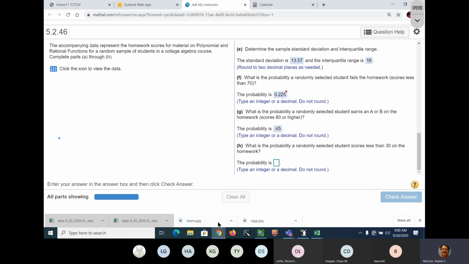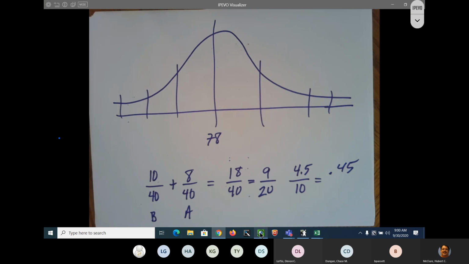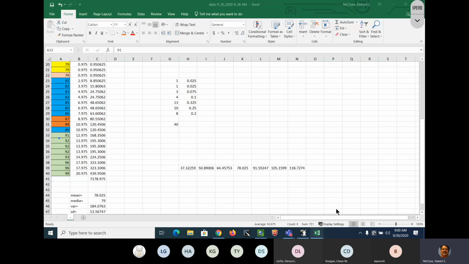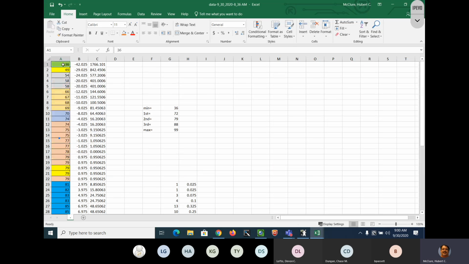Less than 30. Let's go back to the, this is ridiculous. Back to 30. Below 30. 1 out of 40. So below 30 would be 1 out of 40.